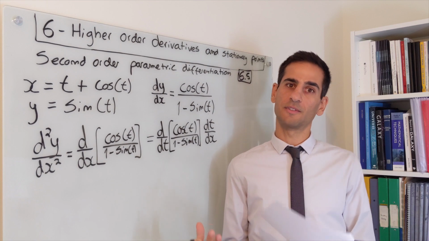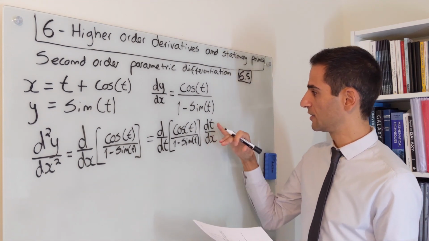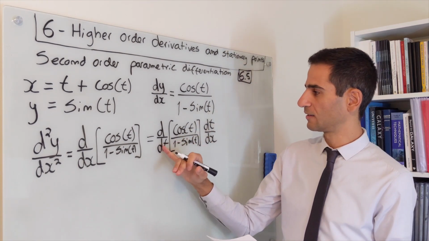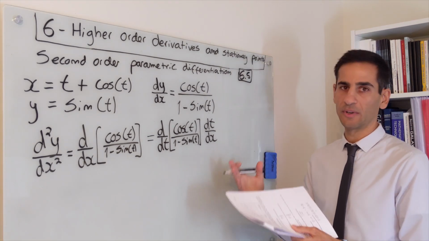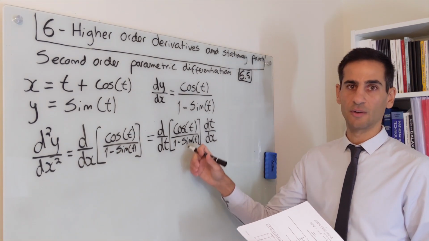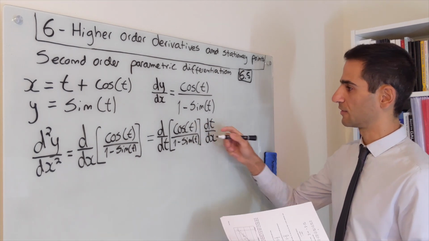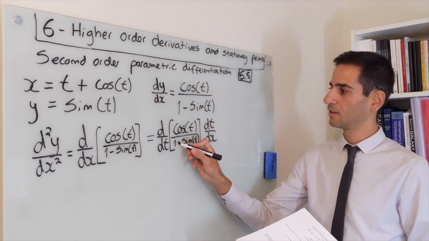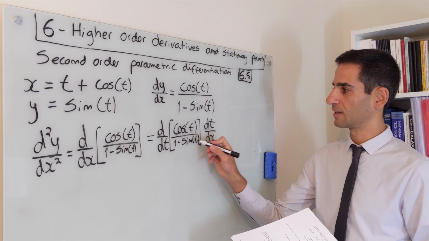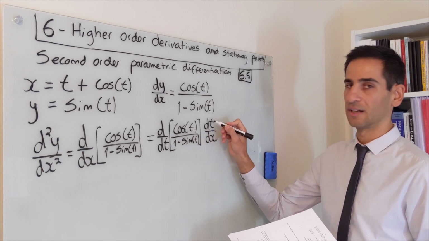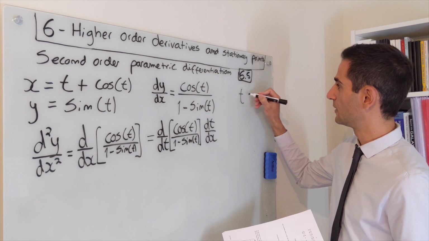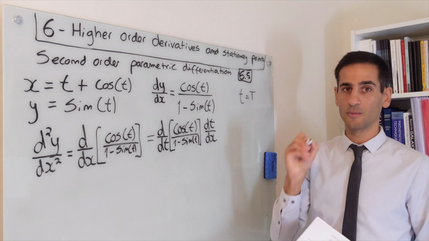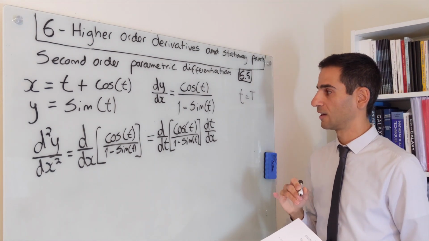And again, thinking in terms of Leibniz notation, we could cut the dt's, get the dx back. What we need to use is the quotient rule. We have the quotient of a function that's cos t, one which is 1 minus sine t, and then we're multiplying by dt/dx. And remember that these are my small t's, these are not f's.